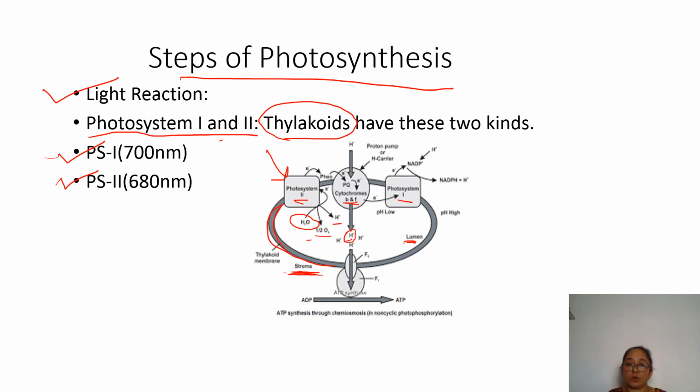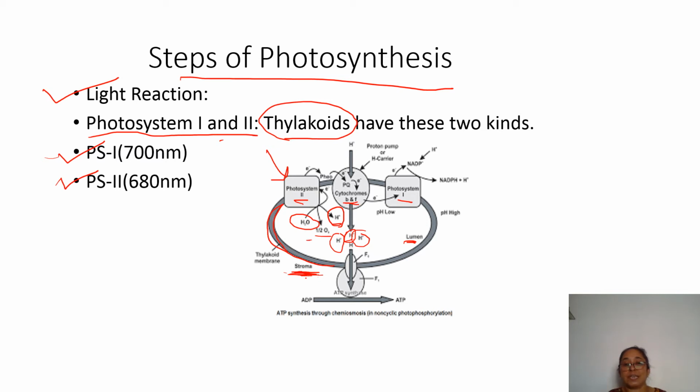Hence, within the chloroplast, protons in the stroma decrease in number, and protons in the lumen increase. You can see here that the protons increase in number in the lumen. Why? Because photolysis of water takes place when photosystem 2 absorbs the light.